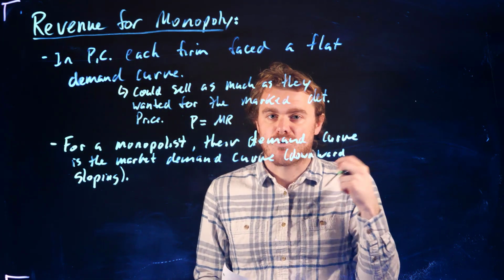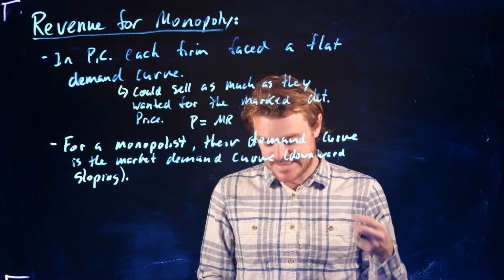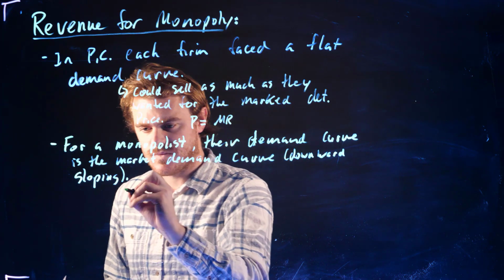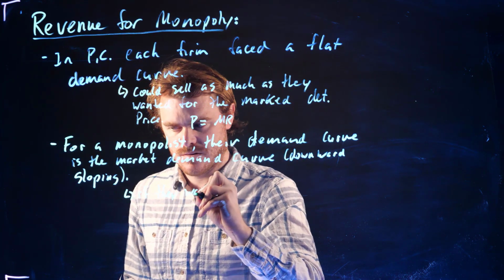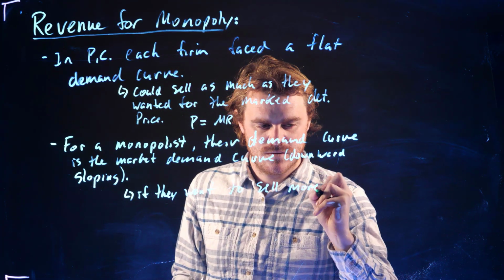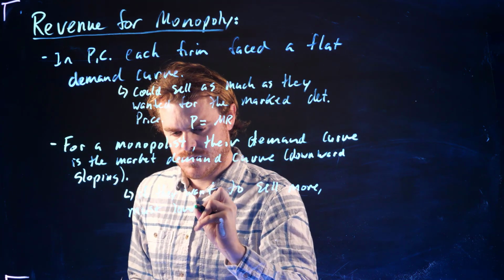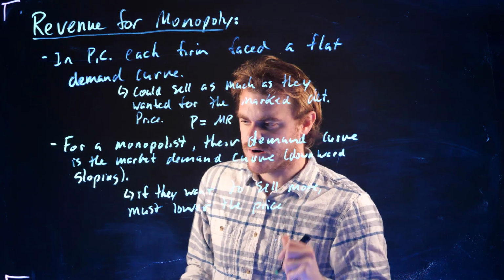So in this case, the price isn't going to always be equal to the marginal revenue. To sell more, the firm needs to lower their price. So they must lower the price if they want to sell more.